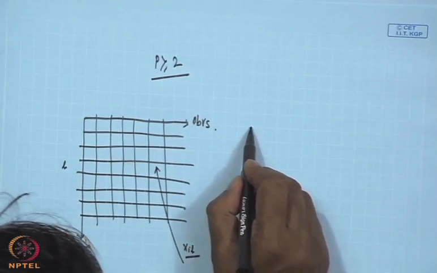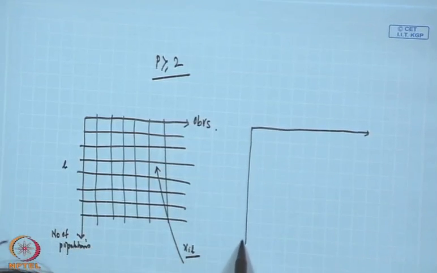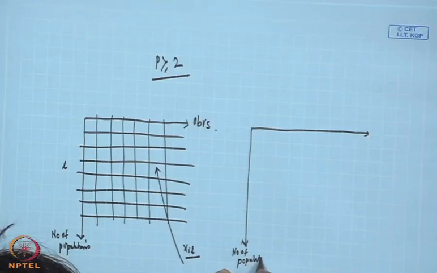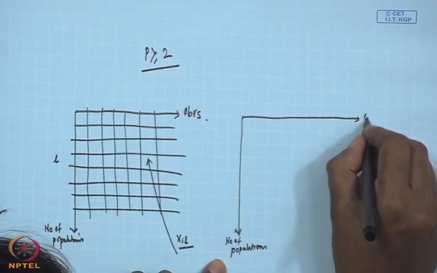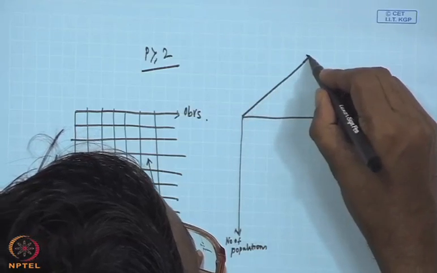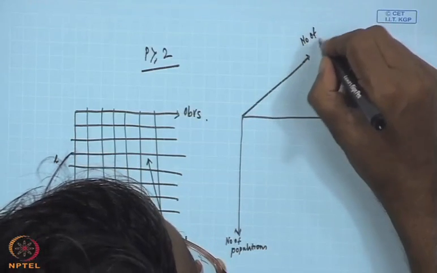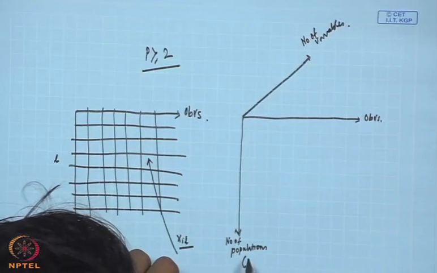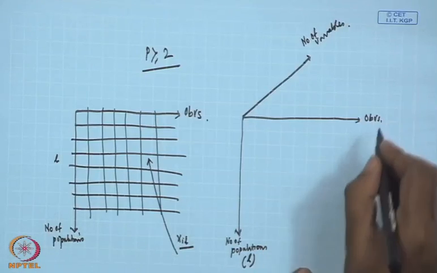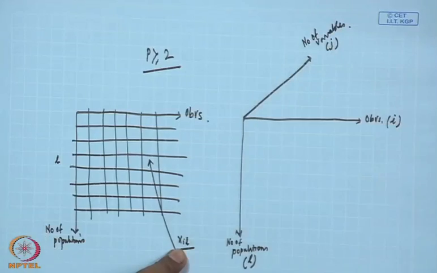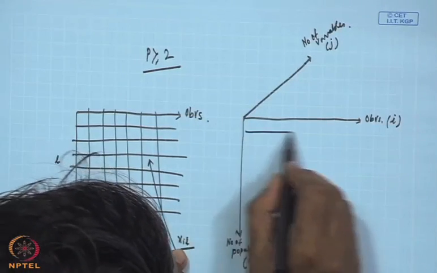Now, in case of MANOVA, this side is the number of observations, populations in the same manner, and this side is the number of observations. Then we will add one more dimension, which is the number of variables. So, if we denote the number of populations by L, the number of observations by I, and the number of variables by J, your general structure will be like this.